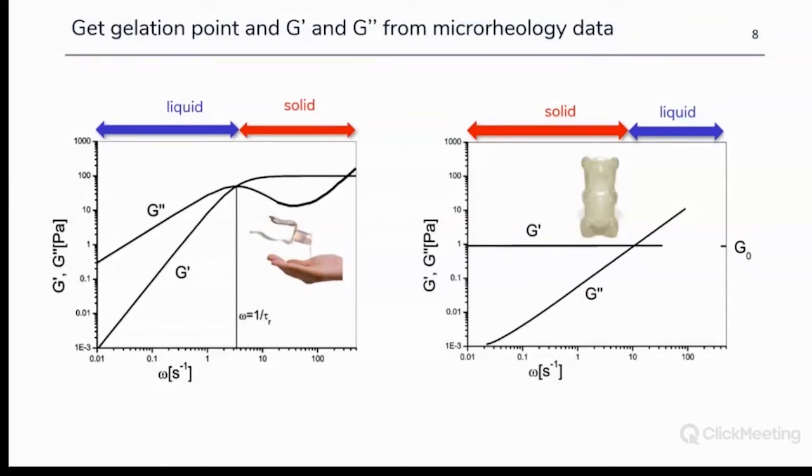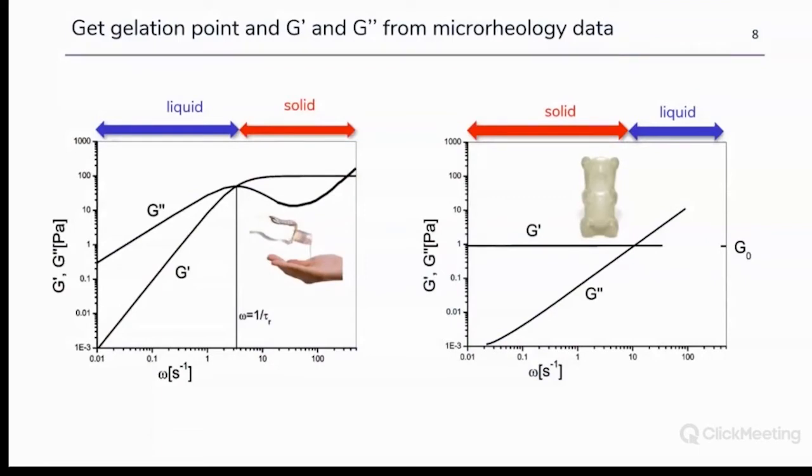Whereas in another range, the loss modulus will be way larger, which basically means that the behavior of the system in this frequency range is more liquid. On the other hand, if the frequency increases, we see that the storage modulus will become larger than the loss modulus, and in this regime, the sample will show solid-like behavior.